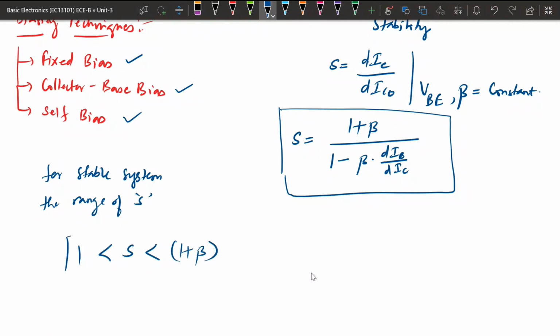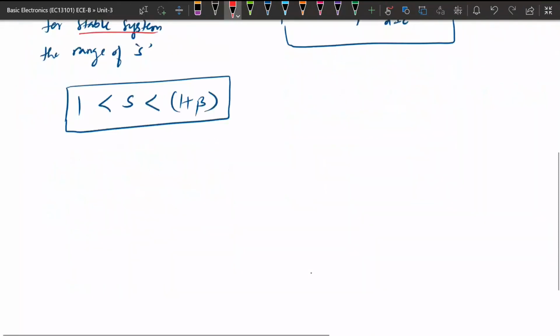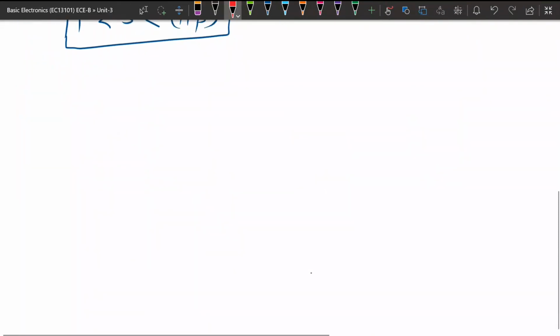If the stability factor value is ranging between 1 and 1 plus beta, then the system will be considered as a stable system. So for a stable system, this would be the range of the stability factor S. In all the cases, fixed bias, collector base bias, and self bias, we will be calculating this S, and we will see how this stability factor is defined.